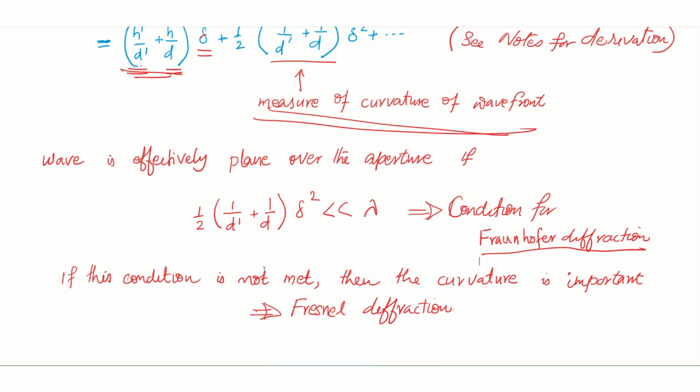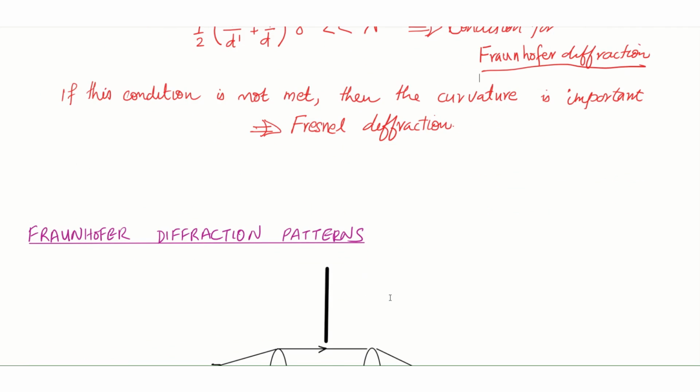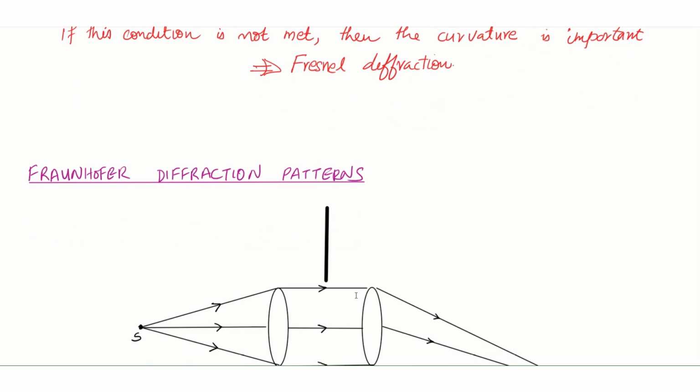If this condition is not met, then the curvature is important, and we call it Fresnel diffraction. Now we start with the Fraunhofer diffraction patterns.